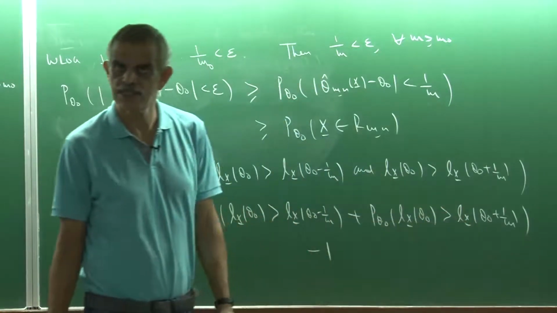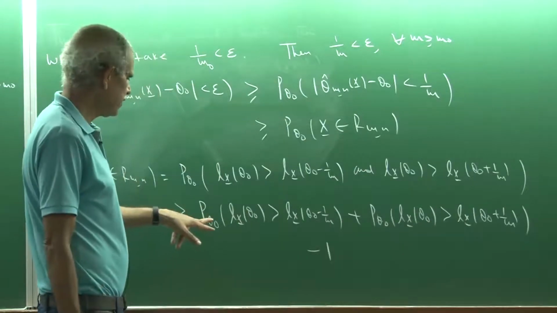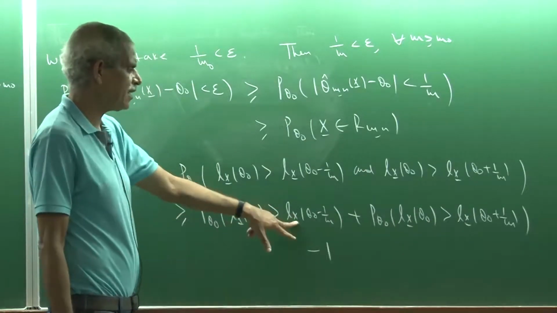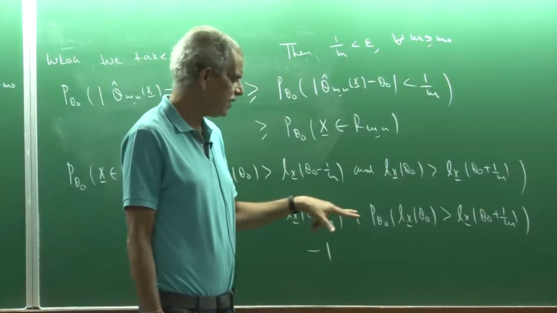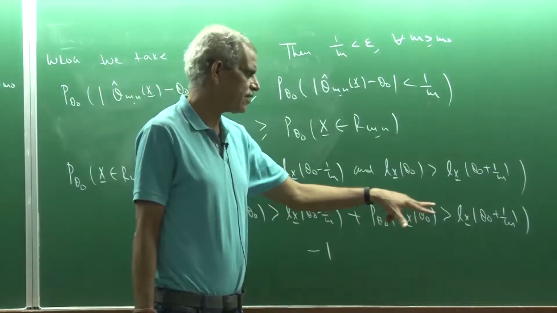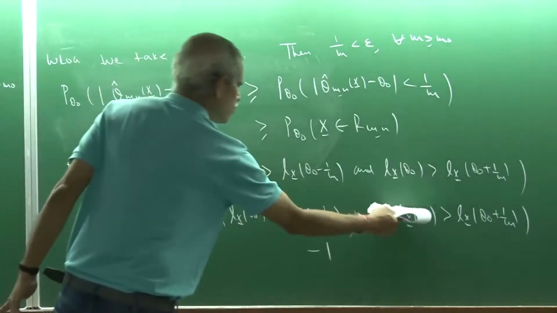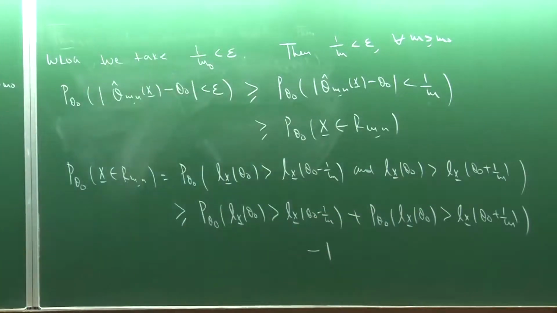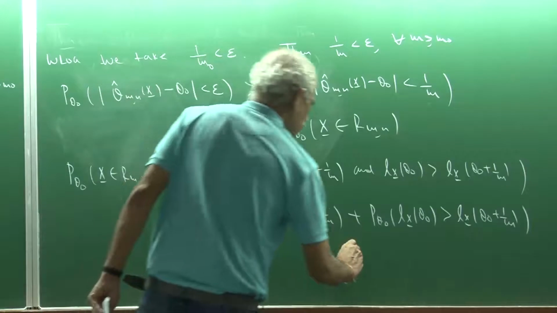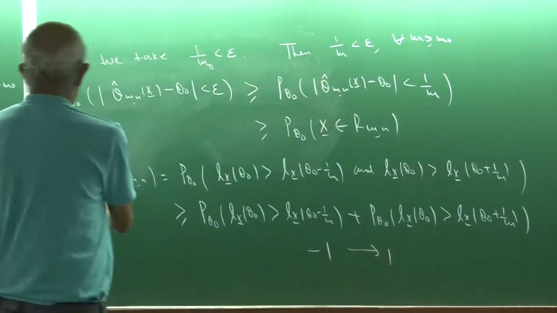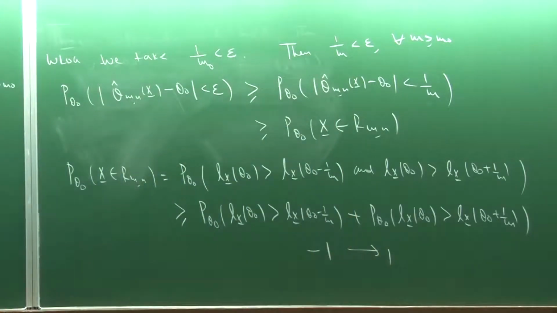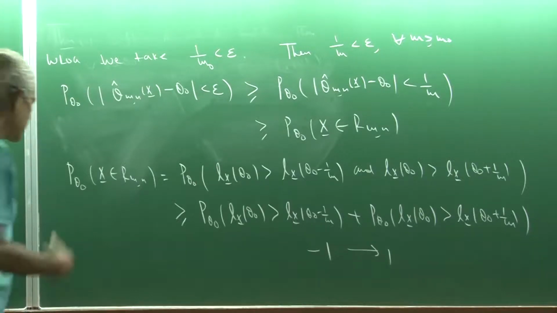Yesterday I proved that the limit as n goes to infinity of the probability under theta naught that Lx theta naught is greater than Lx theta is 1. So this goes to 1, this goes to 1, this is minus, so 1 plus 1 minus 1. So this would always go to 1. So P theta naught of x belonging to Rmn in the limit goes to something which is greater than or equal to 1.